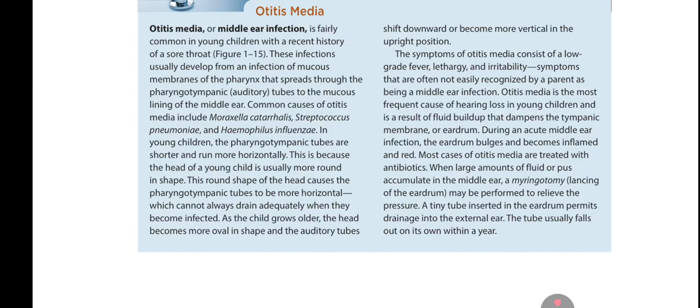Okay, so myringotomy is a procedure done to help patients with otitis media, where a tiny tube is inserted into the eardrums to drain fluids or pus into the external ear.